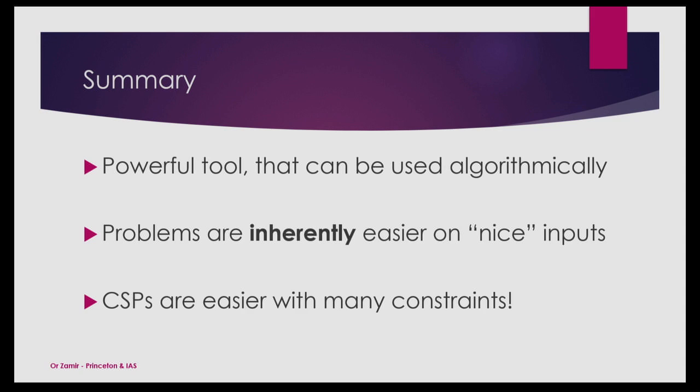Something else that at least sounds good that we get out of this is that some constraint satisfaction problems, for example SAT and graph coloring, do behave nicer when you have a lot of constraints. So something like solving graph coloring on a very dense graph sounds like it should be better, right? Because if I give you more constraints, then hopefully you should be able to solve the algorithmic problem faster.